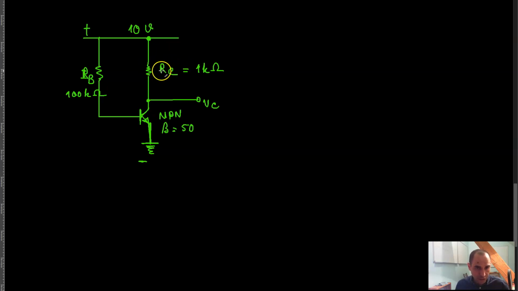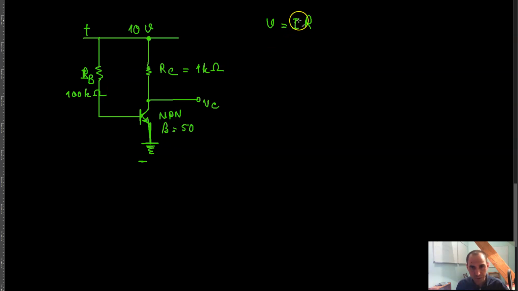So that means that I have to apply Ohm's law to this resistor over here. Basically, you know that Ohm's law is V equals IR. So the voltage that I want to calculate is V, I is the current going through this resistor, and R is the value of the resistance of the resistor.